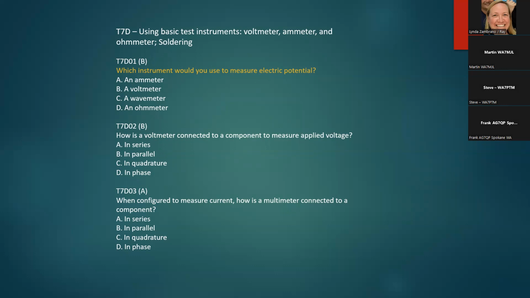So, what instrument would you use to measure electric potential? Remember that a potential is actually voltage. So the obvious answer would be a voltmeter.